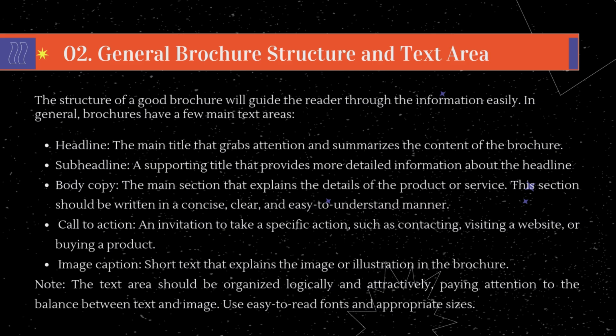A supporting title that provides more detailed information about the headline. Number 3, body copy. The main section that explains the details of the product or service. The section should be written in a concise, clear, and easy to understand manner.